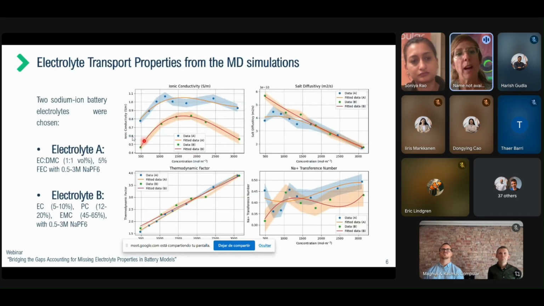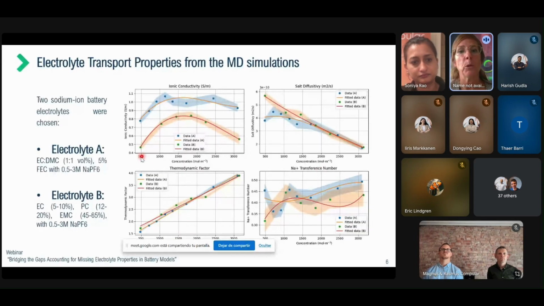And for that, we have selected two electrolytes that are listed here. And through the Compular tool, molecular dynamics, that Magnus already explained, the physics behind, we were able to get information on the ionic conductivity, diffusion coefficient, thermodynamic factor, and then the transfer number.